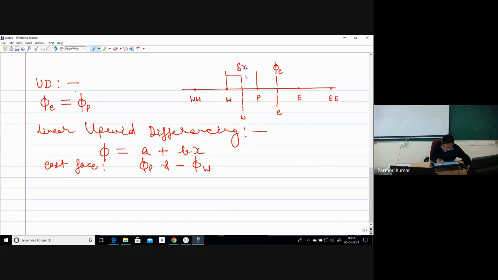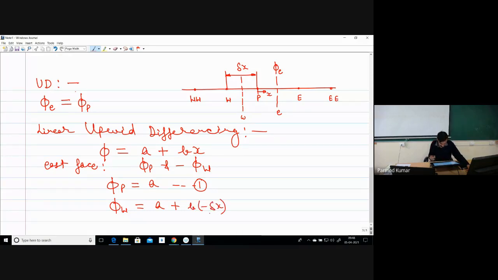between node points, I can say that phi will be equal to phi P when x is equal to 0, measuring x with reference to this point. So phi P will be equal to A. This is my condition number 1. Another condition I can write: phi W will be equal to A plus B into minus delta x.